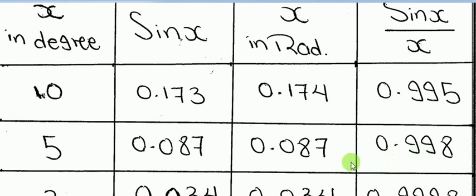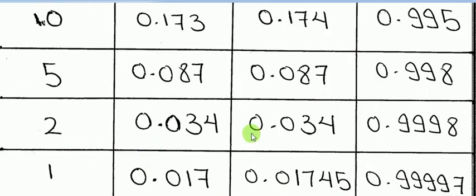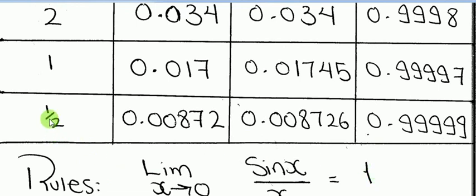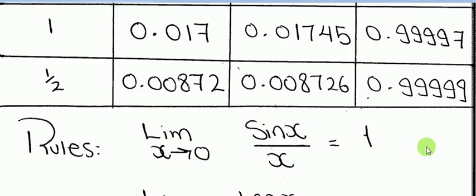What have we discovered from this? Each time the angle becomes smaller, the value of sine x over x approaches what? 1. If the angle is halved again, sine x over x is 0.9999, which is approaching 1.